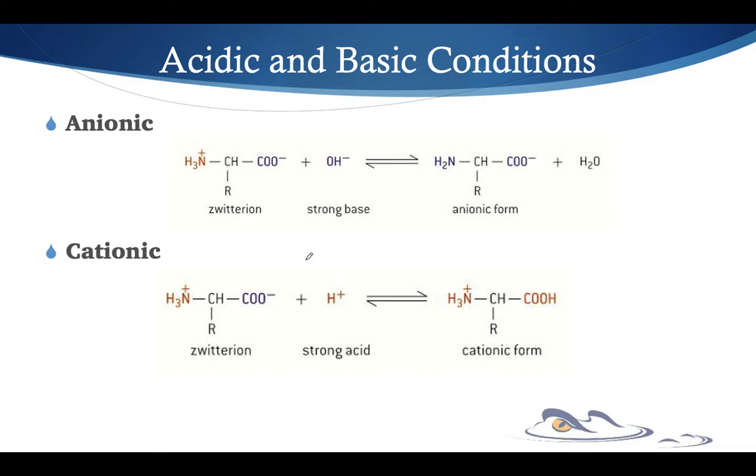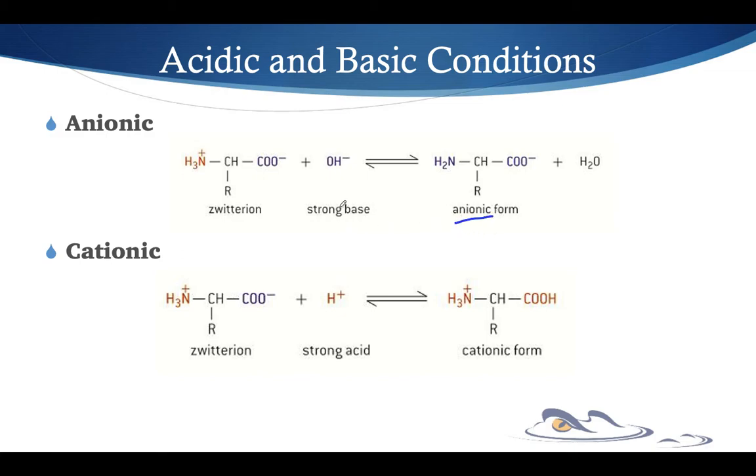Now, when we have this Zwitterion hanging out inside of water, the environment can be altered slightly, acidic or basic, and that can create a different environment for the Zwitterion. If it is in an environment that is somewhat basic, then the Zwitterion is going to take on what we call an anionic form.